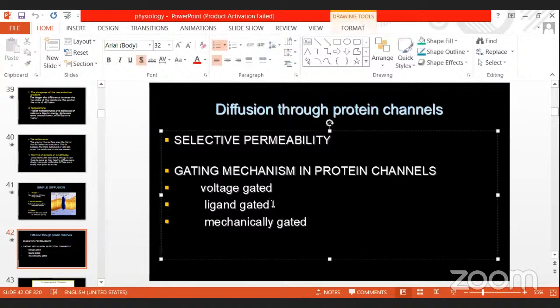Ligand-gated: a ligand, like acetylcholine or GABA, has to attach to open the gate. And mechanically gated: a mechanical pressure or change, like in the Pacinian corpuscle, will open the gate.